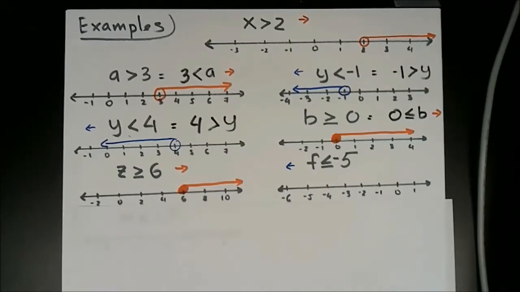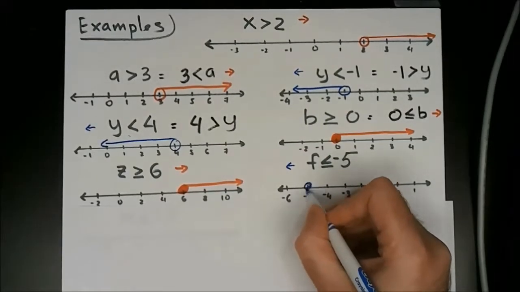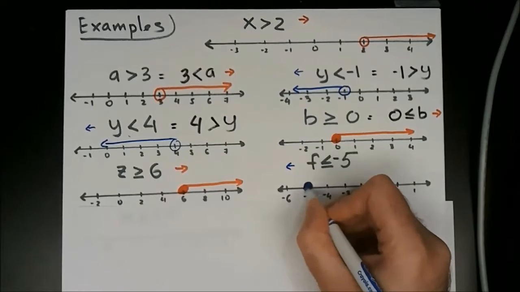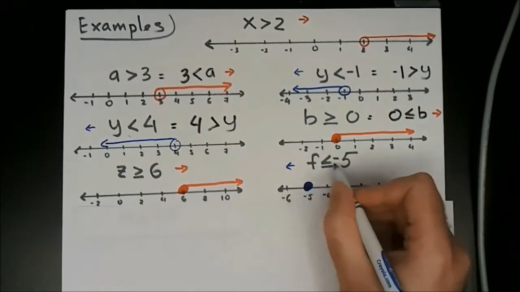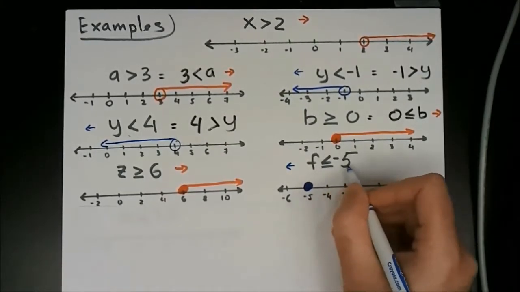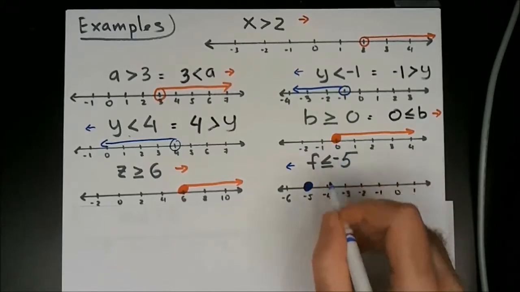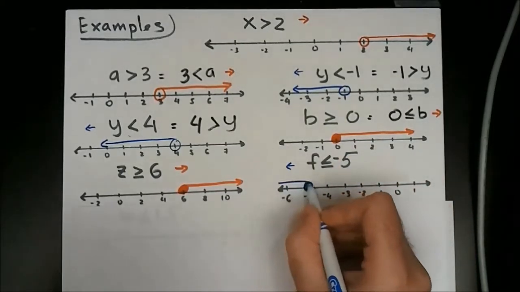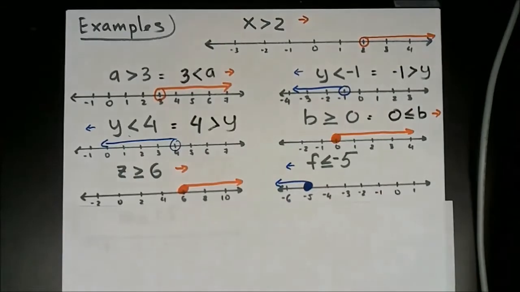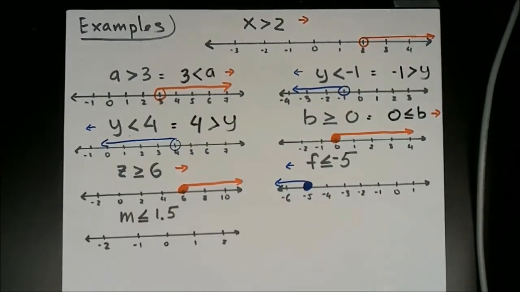Open or closed circle? Closed, because it is also equal to. The -5 is included in this inequality. Last one.